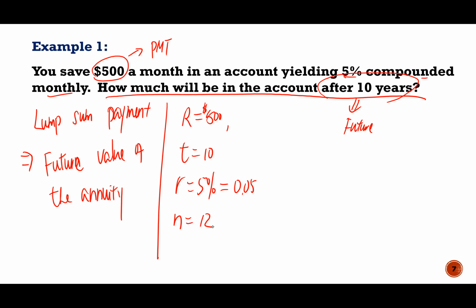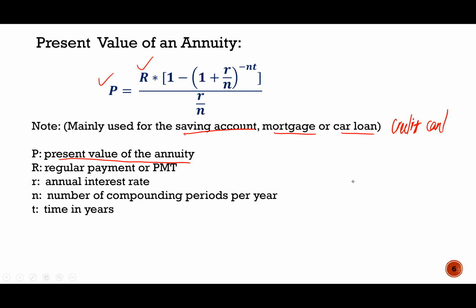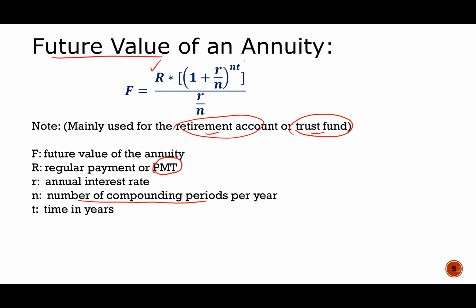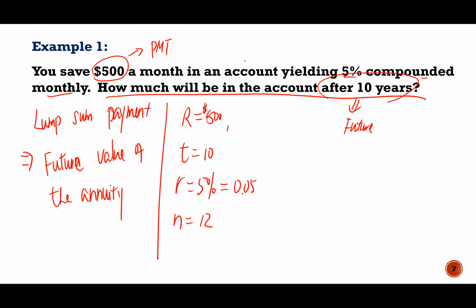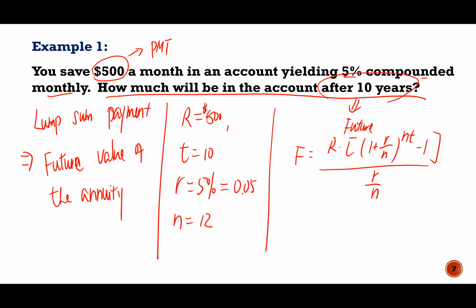Now again, we're using the future value of the annuity from the previous slide. You can go back and quickly look at that. So this is the future value of the annuity formula: the future value equals the regular payment times (1 plus r over n) to the nt, minus 1, over r over n. Here we're looking for the future value, so the future value is unknown.